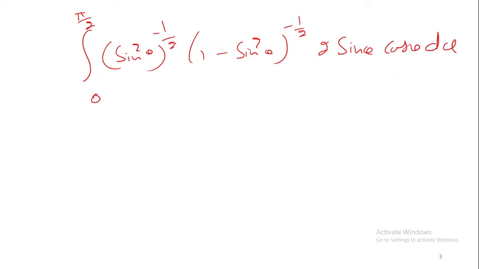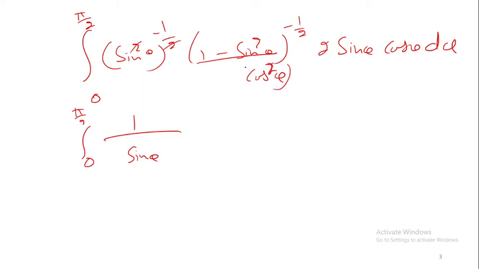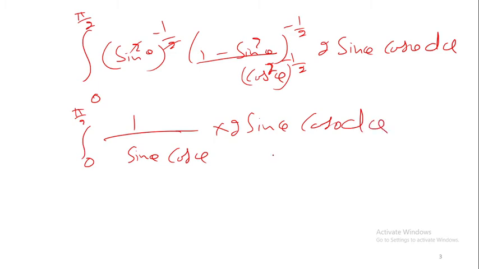Now if I cancel that, it becomes 0 to pi upon 2, 1 upon sine theta, and 1 minus sine square theta is cos square theta, so raised to minus 1 by 2 it becomes cos theta in the denominator. Multiplying by 2 sine theta cos theta d theta, these cancel.